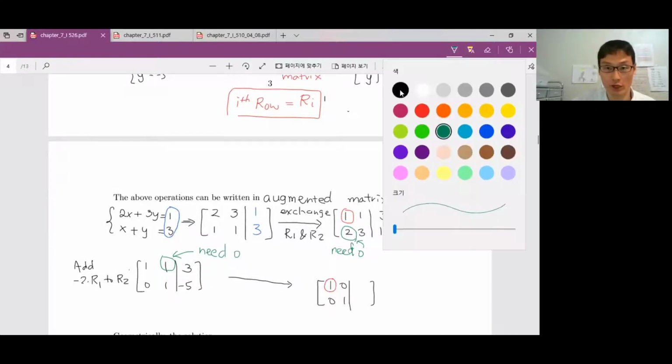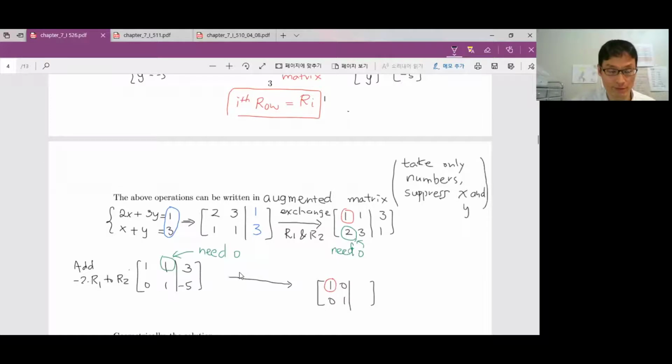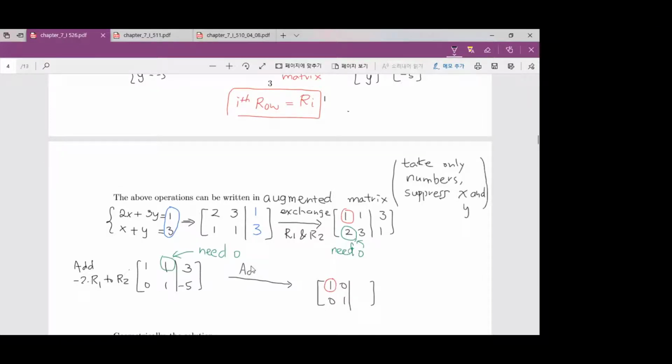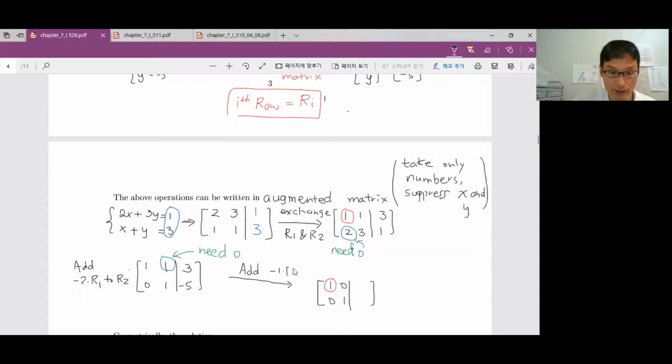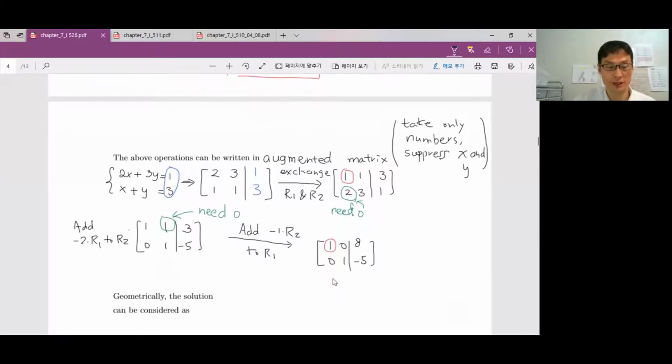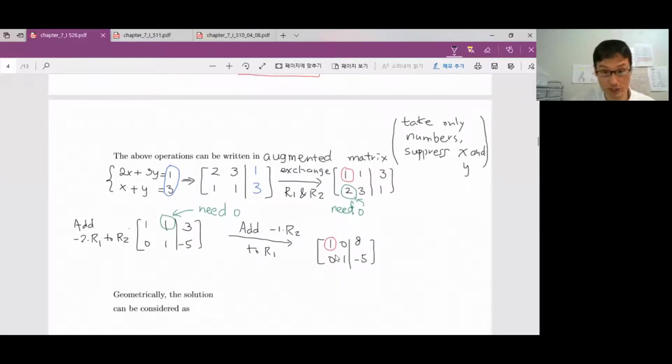And what are you going to do? Add -1 of row 2 to row 1. Good. Row 2 to row 1. Good. Then we have -5 and 8. Good. And we are done because we have the identity matrix. Once you have the identity matrix, it's time to put x and y back.